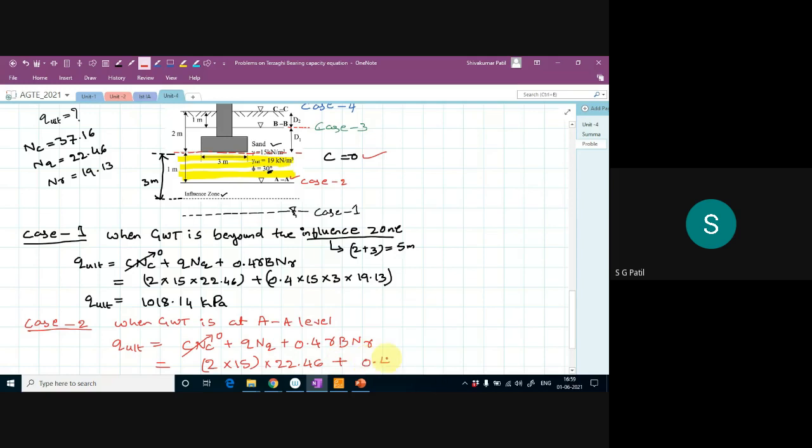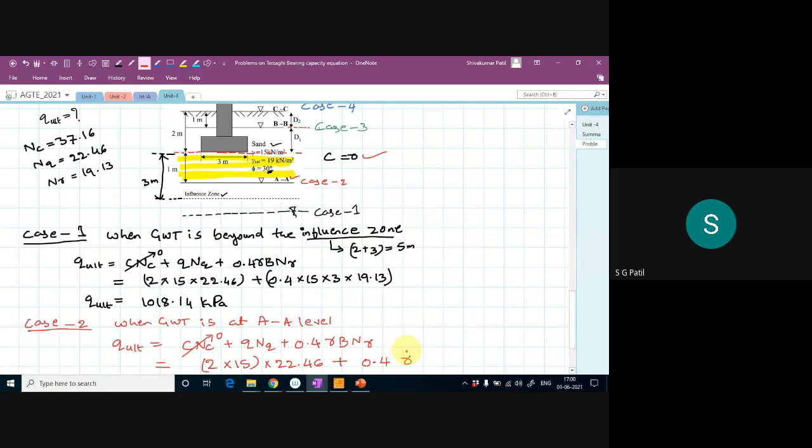0.4 gamma. Now gamma will change here, because this much soil is in dry condition and this much soil is in wet condition. So I will represent that as gamma double prime.